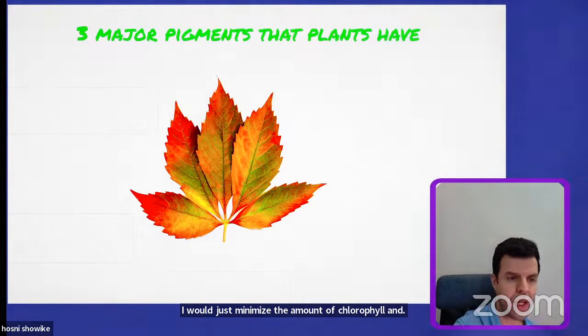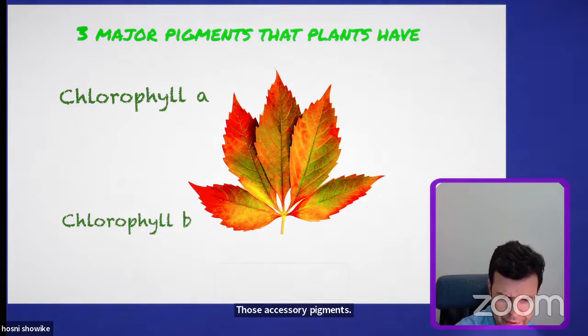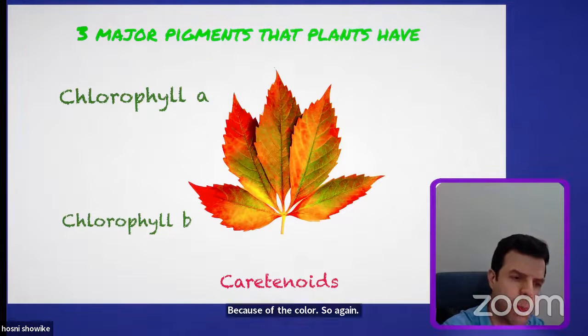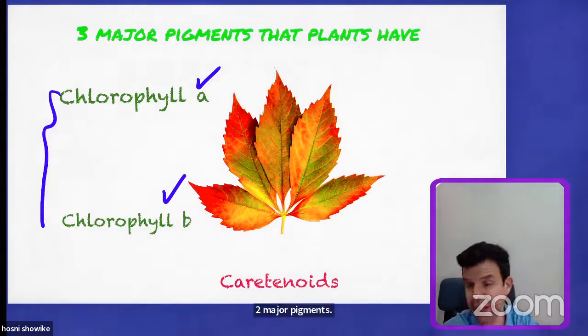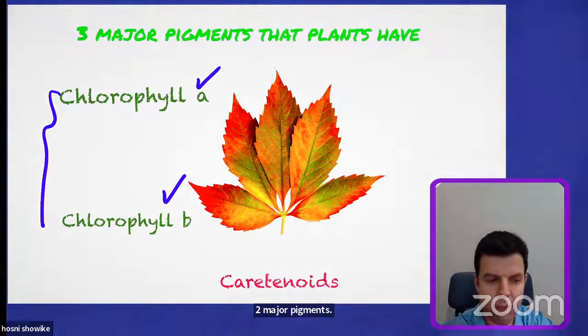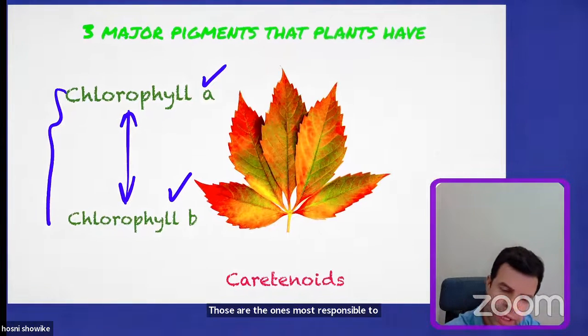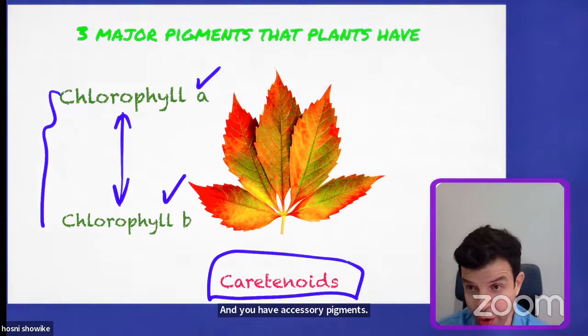So again, those accessory pigments are known as carotenoids, because of their color. So again, you have two major pigments, chlorophyll A, chlorophyll B. Those are the ones mostly responsible to do photosynthesis. And you have accessory pigments. We call them carotenoids.